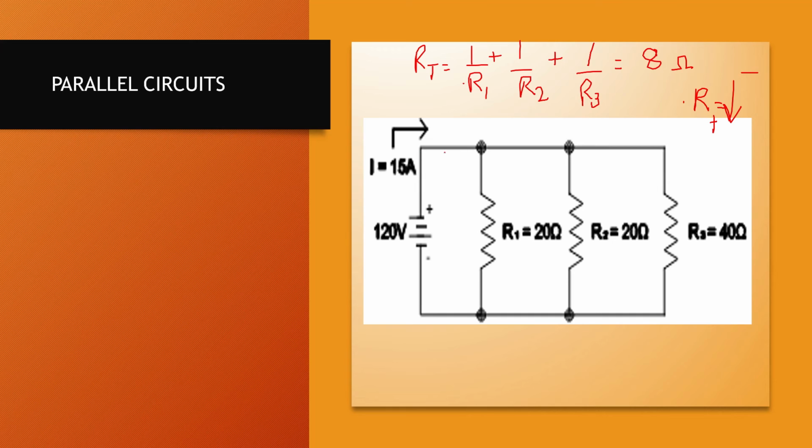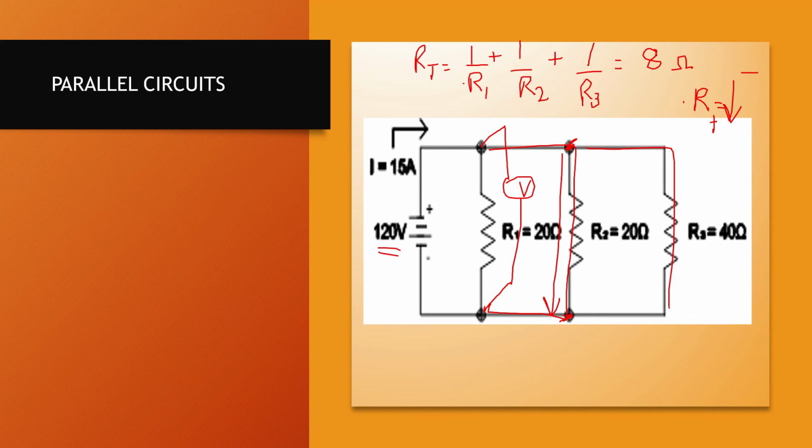Second thing, observe over here. If I put a voltmeter at this point and at this point, what would the voltmeter read? It would read 120 volt. If I want to measure the voltage at this point, it's still going to read 120 volt.